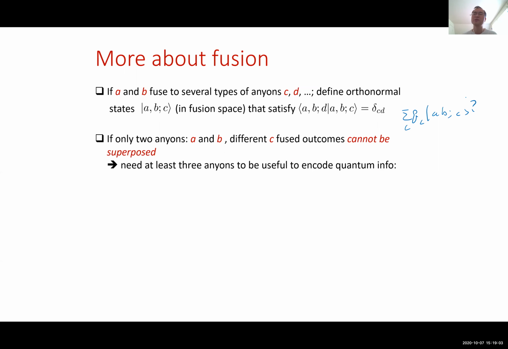Can we use this to encode quantum information? As I said, because the C are different anyons, when you try to look at which anyon you are in, you will only see one. If you perform a measurement, you will only see one.